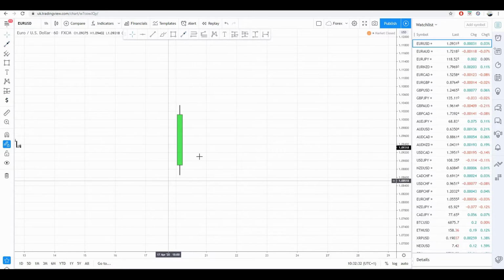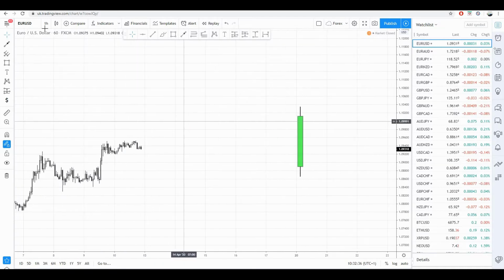It represents a period throughout time. So here at the moment, I'm on the Euro-Dollar 1 hour chart. All that means is every candlestick represents 1 hour, is a 1 hour time frame. So at the bottom here you can see it's the weekend at the moment, so we're on the 11th of April, so the market is shut Saturday the 11th of April.